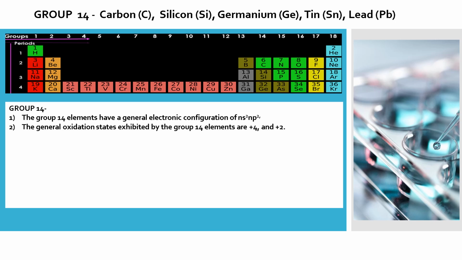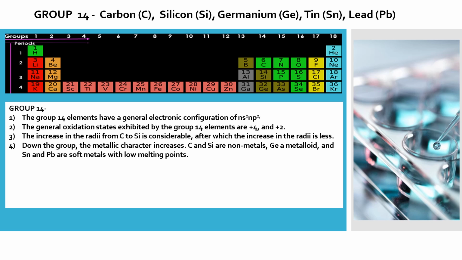That is, losing all the 4 electrons or 2 electrons. The increase in the radii from carbon to silicon is considerable, after which the increase in radii is less. Down the group, the metallic character increases. Obviously, the number of shells go up and so the losing of electrons becomes easy.